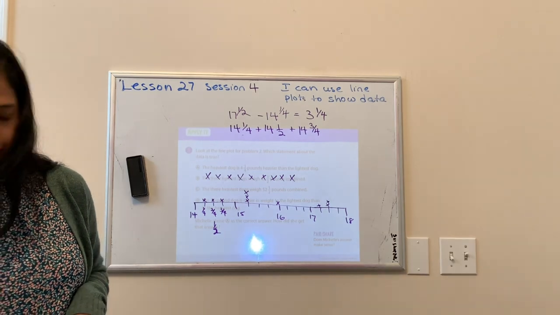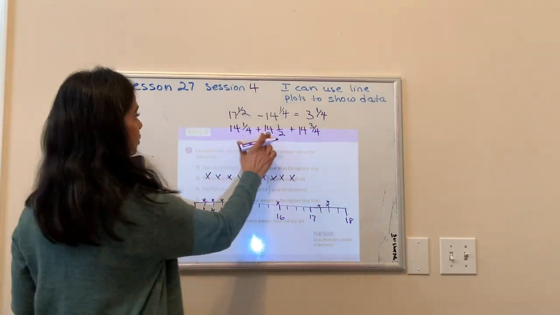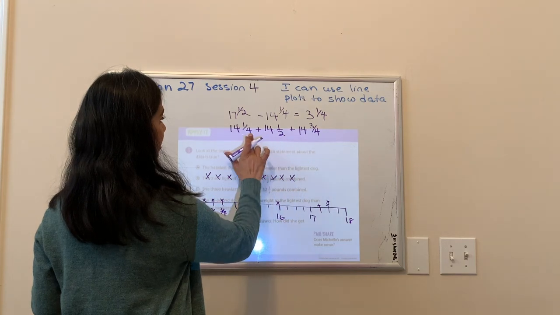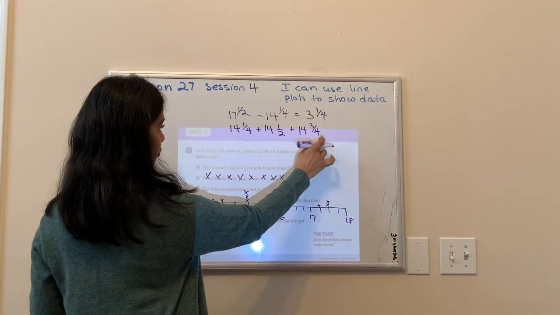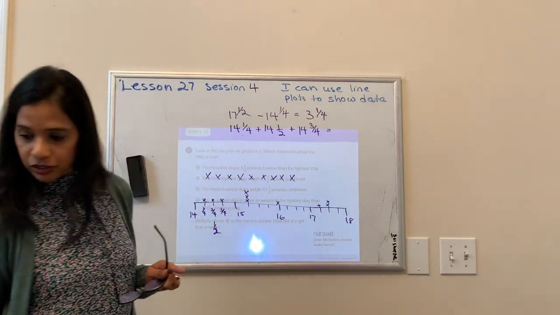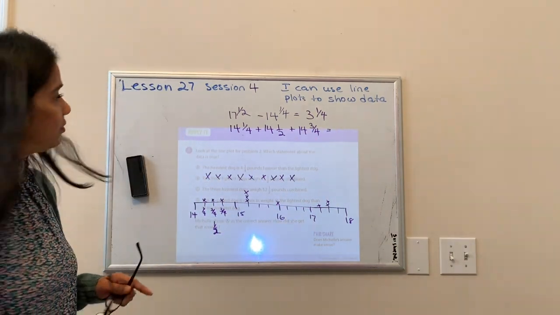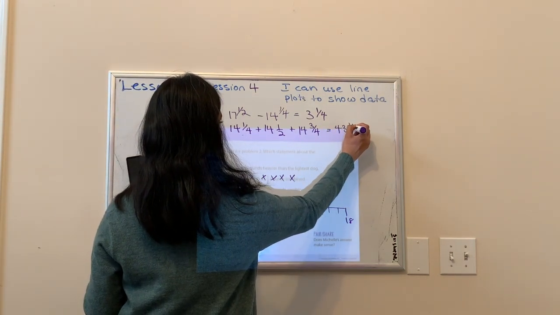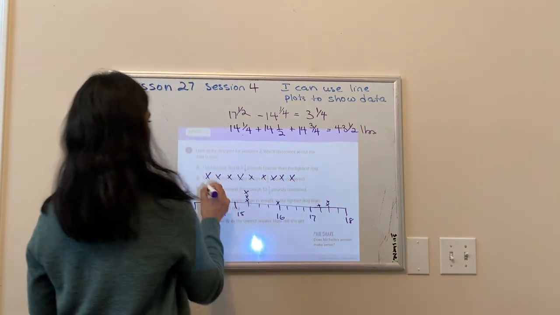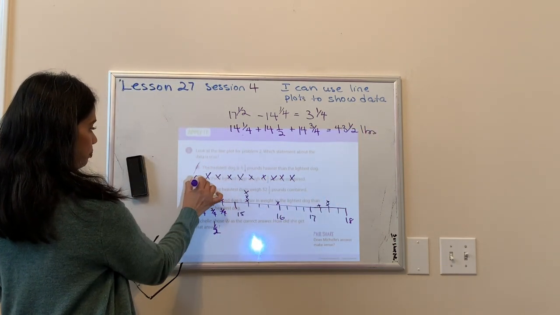Let's add that up. 14 plus 14 plus 14, and then 1/2 plus 1/4 is 3/4, plus another 3/4 is 1 1/2. So that is going to give us 43 1/2 pounds. So we know the correct answer is B.